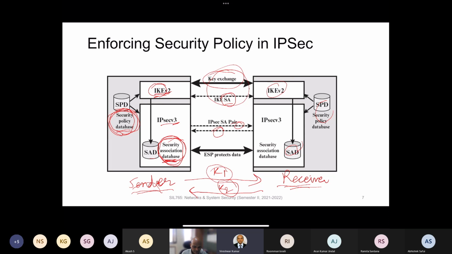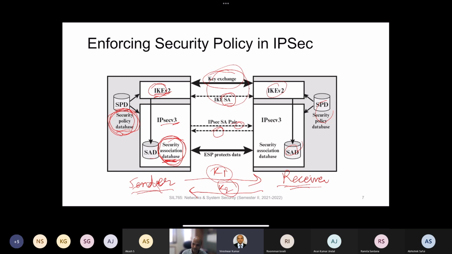But you also need to know what crypto algorithms you are using for that security association. For instance, are you using elliptic curve based Diffie-Hellman key exchange, or RSA based signatures? Are you using AES in counter mode? Are you using AES in CBC mode?